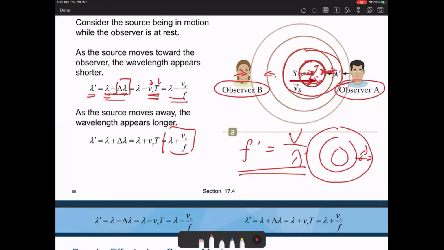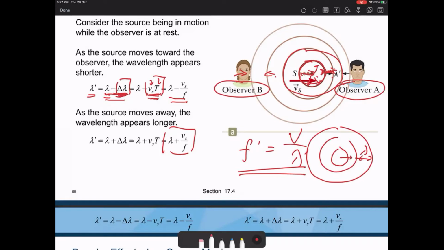But if the source is moving, for example forward, in between two circles it would have moved a distance of delta lambda. This delta lambda would be the change of the wavelength, and the distance moved would be the source speed times the period of oscillation. So hopefully that is what you're asking about.